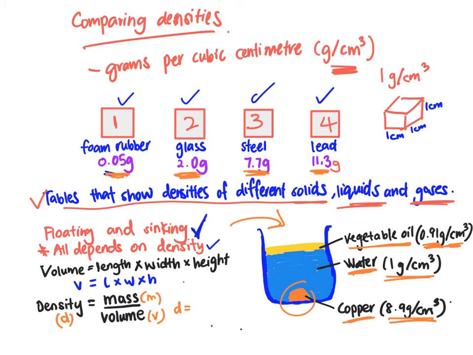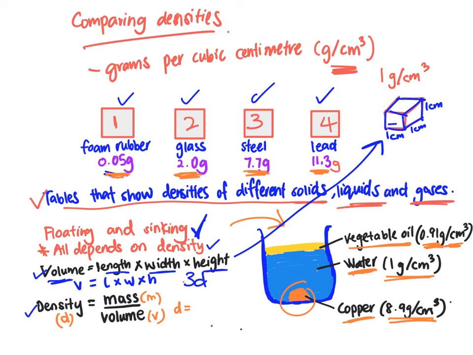There are also formulas on how to calculate density, but first we quickly look at volume. In order to calculate density, you need volume. Volume is the 3D measure of a substance. How do you calculate that? It is length times width times height of the thing, which you will refer back to here.